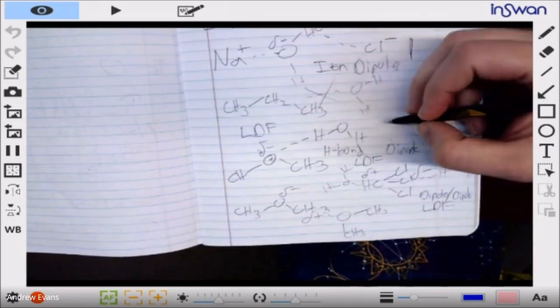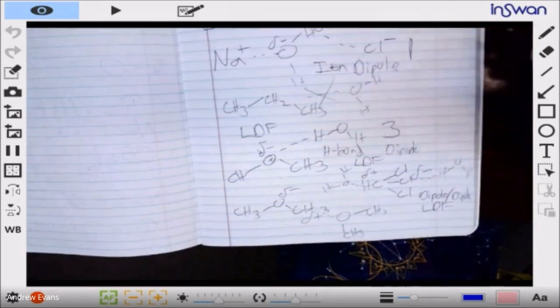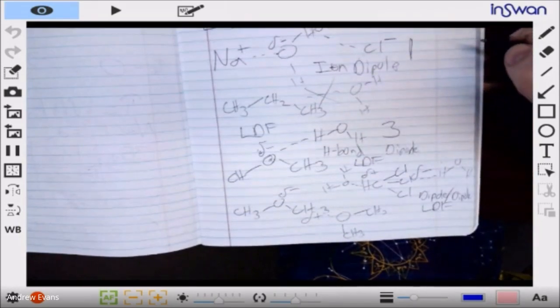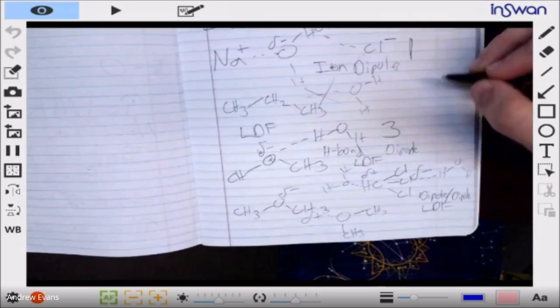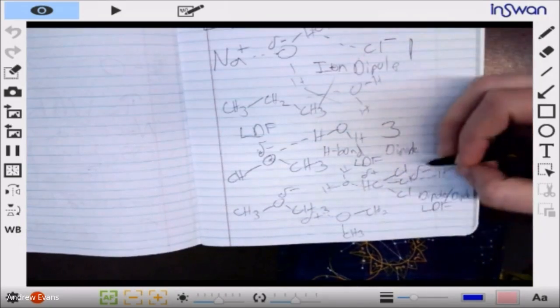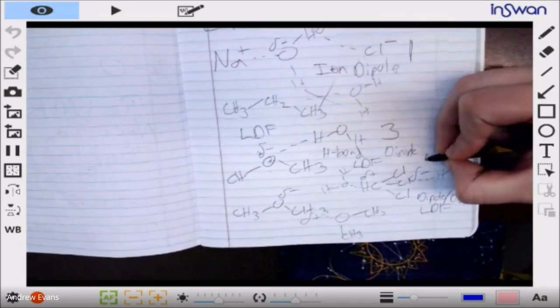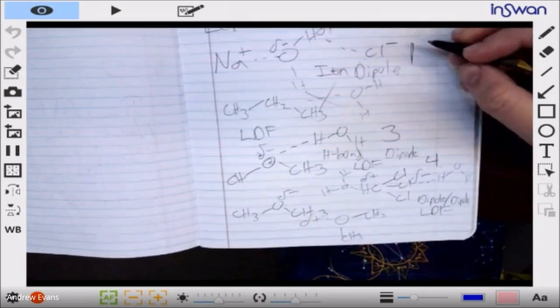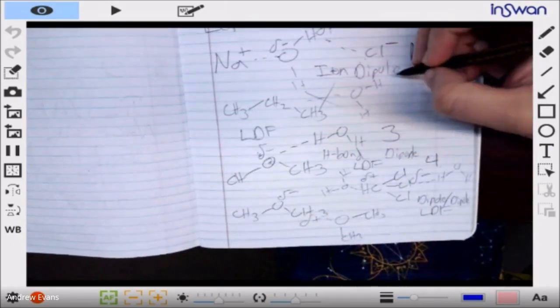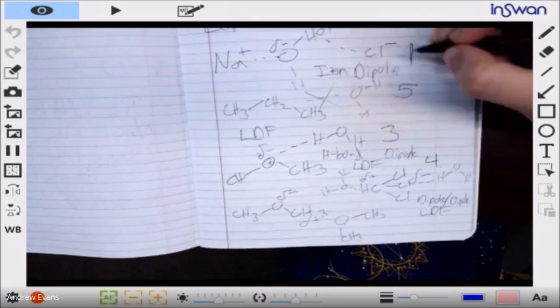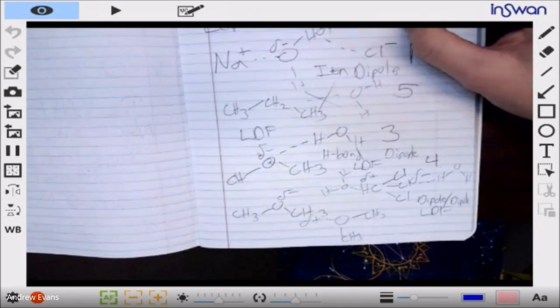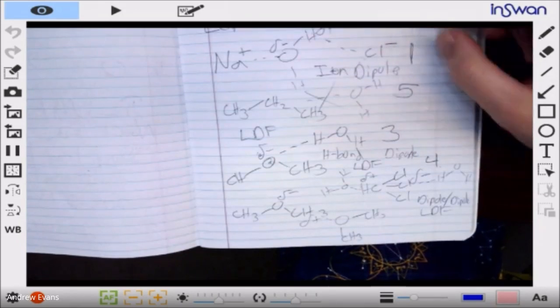Then dimethyl ether would be number 3 because it can only take a hydrogen bond, but it can take one. Then chloroform would be number 4 in strength. And then propane would be number 5 in strength because it's only London dispersion forces.